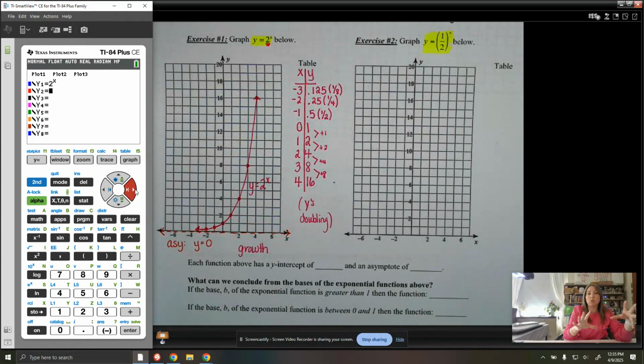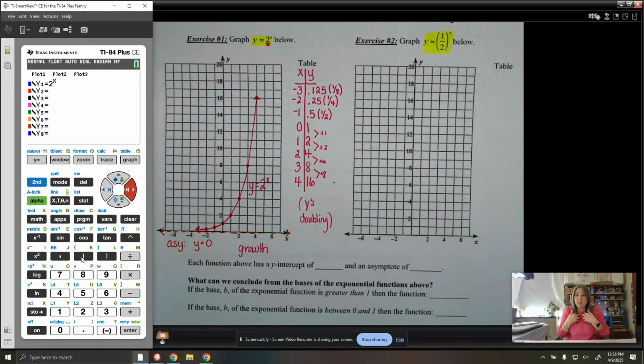So I won't see any of those points. And as I type in this new function that I want to see the points for, my equal sign will become highlighted. So it will show up. I just want to do this because I want to show you the two graphs simultaneously momentarily. But for now, I want to type in y equals 1/2 raised to the x power.